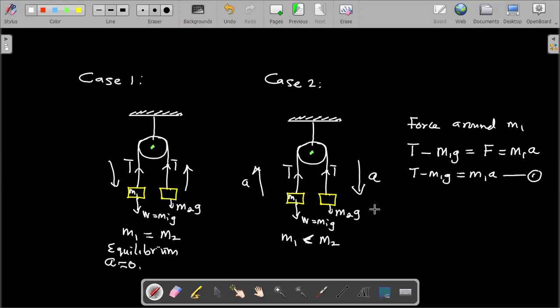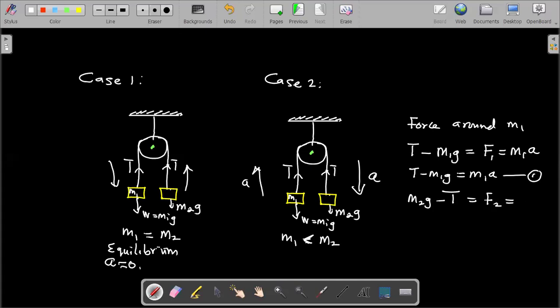Now let's do the same for mass M2. Since we are assuming that M2 is greater, the total downward force is more than the upward force. So M2G minus the upward force T gives us the second force, let's call this F2, to differentiate from F1.